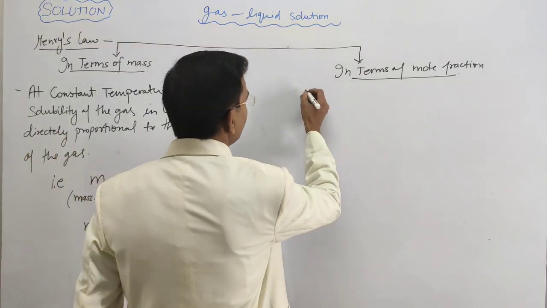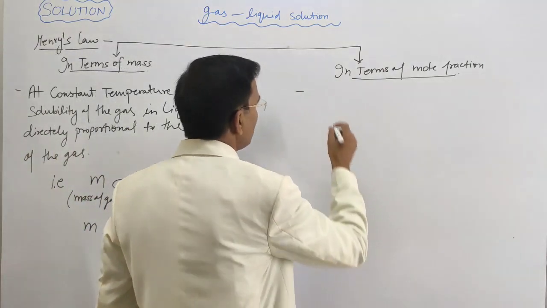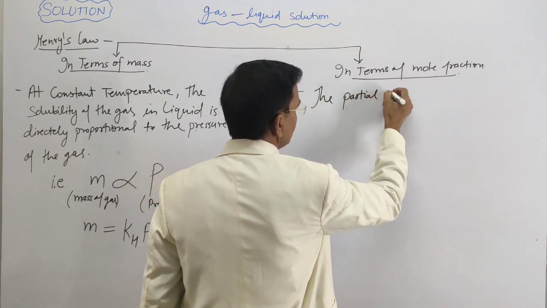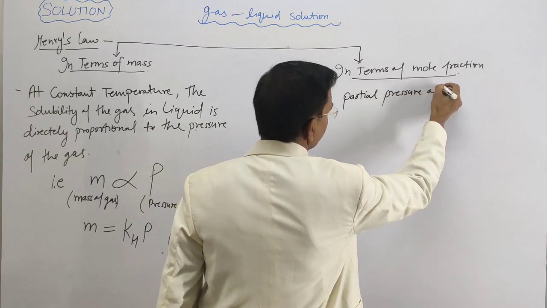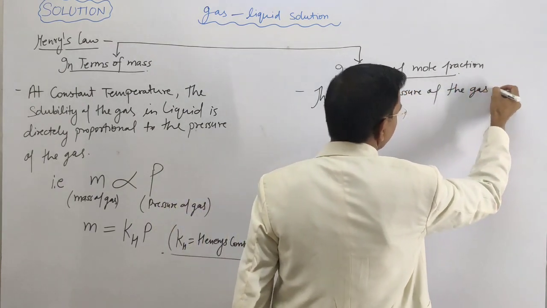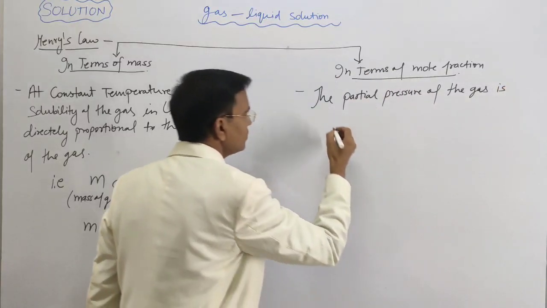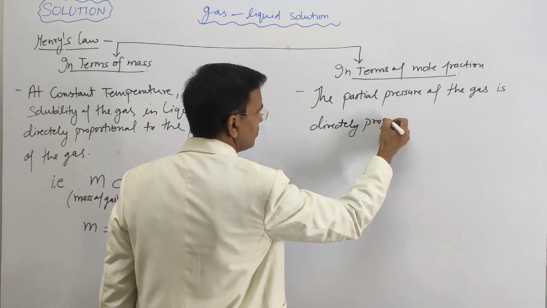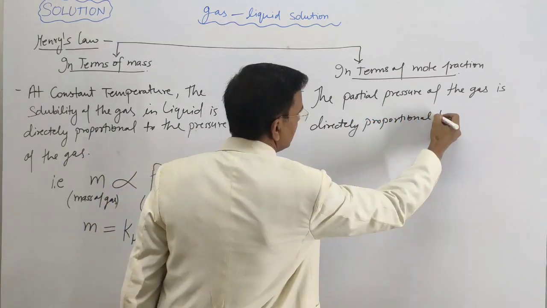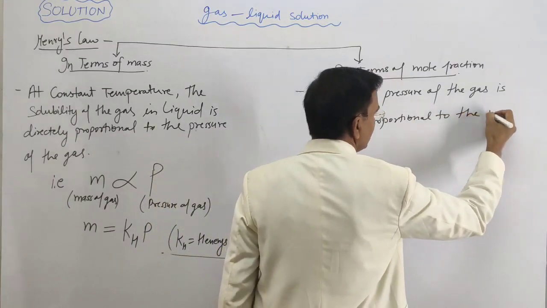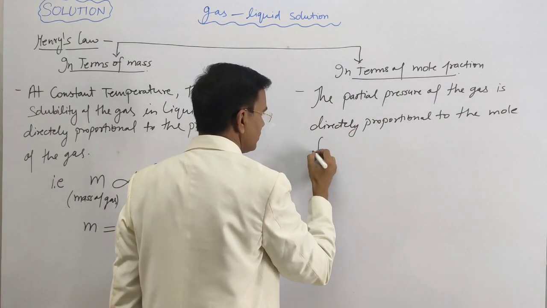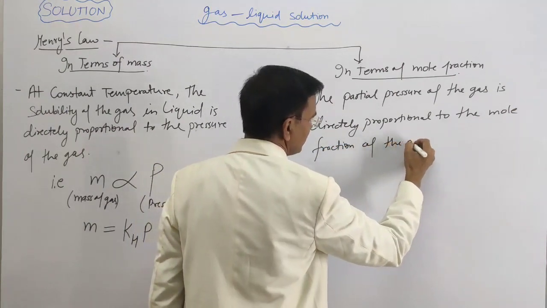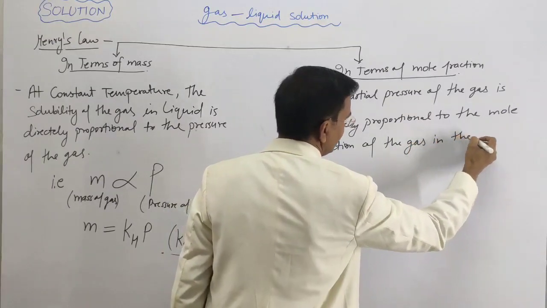Now the second is in terms of mole fraction. That is, the partial pressure of the gas is directly proportional to the mole fraction of the gas in the solution.